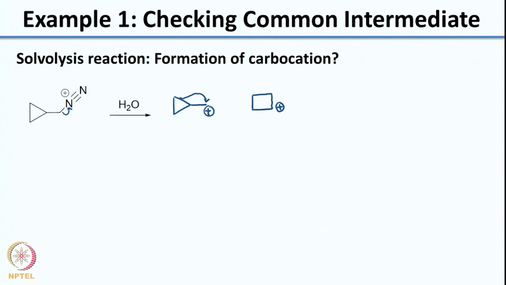Another thing you can think of is pushing the arrow such that instead of pushing it at the carbon, you form a new bond here. So this cyclopropane ring opens up to give you a new bond here, and the new intermediate you get would be this.